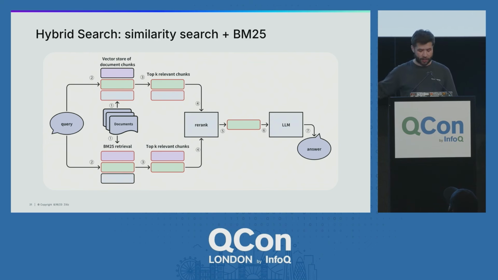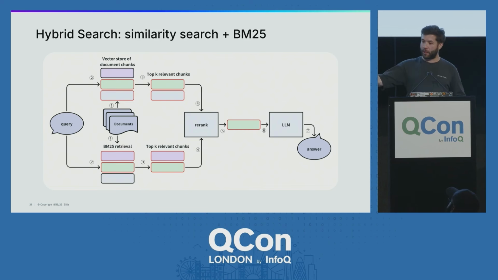At the beginning, you can see here, you have your documents. They go directly into your vector database, and on the other side, you're computing BM25. Once you have your query, you're going to run the query. You're going to try to find the best chunks from your vector database. You get those top K, and you do the same for BM25. You get the top K for BM25, then everything is beautiful.